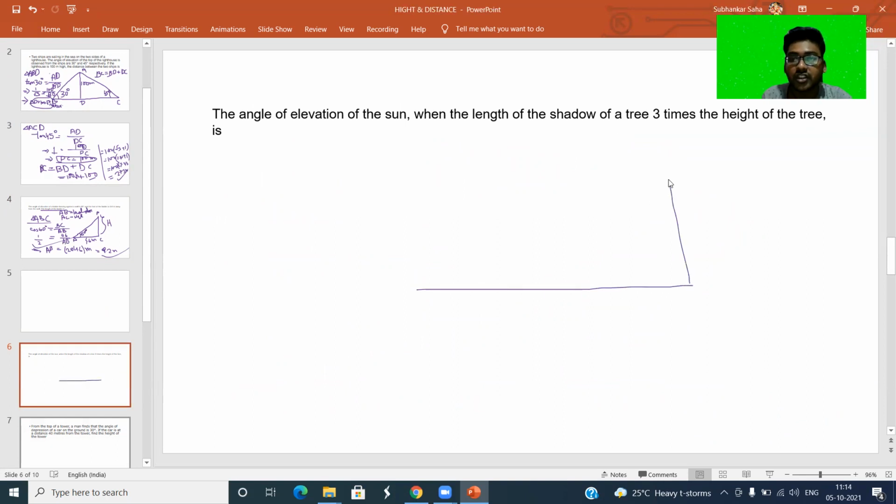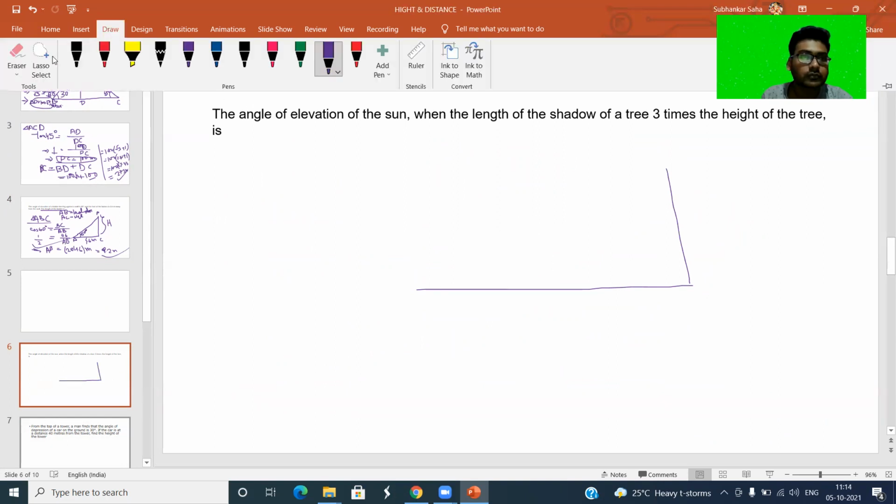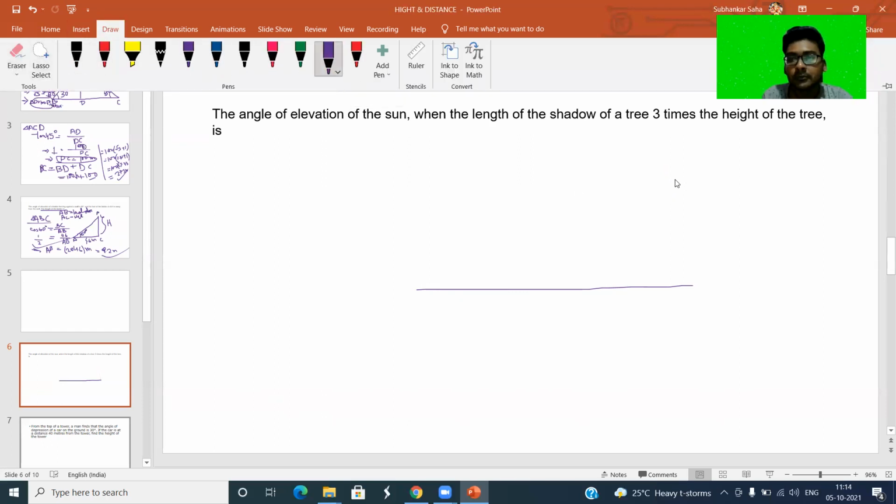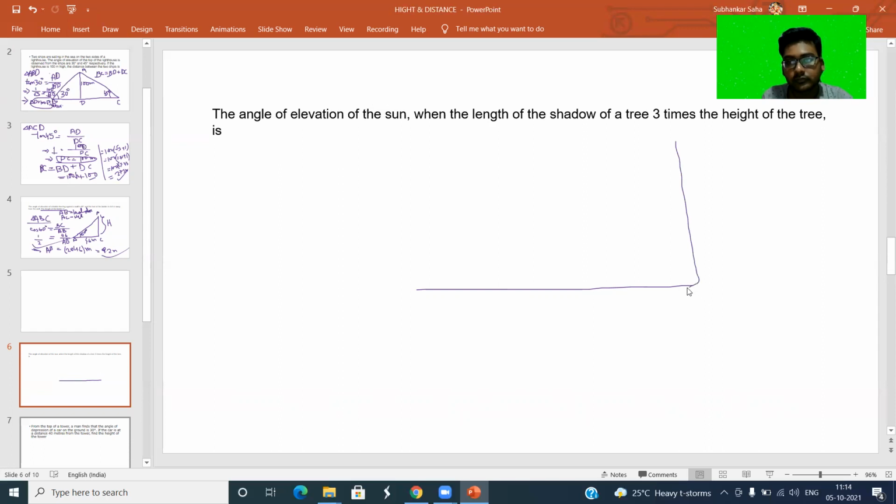Next question. The angle of elevation of the sun when the length of the shadow of a tree is three times the height of the tree. It is the tree, and the shadow of the tree is three times its height, if the height is h.